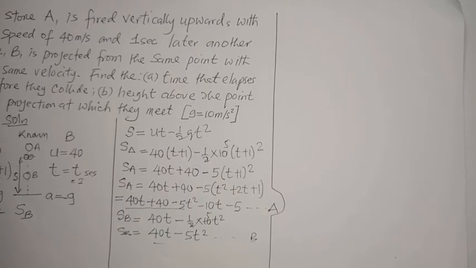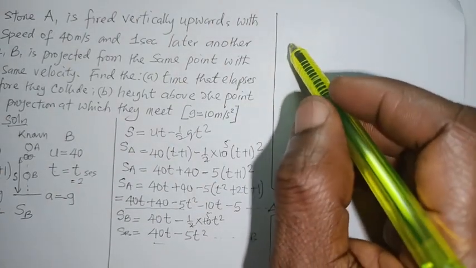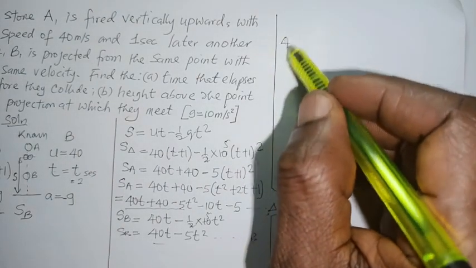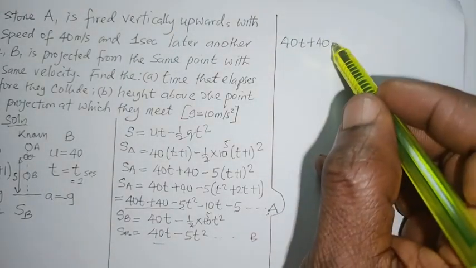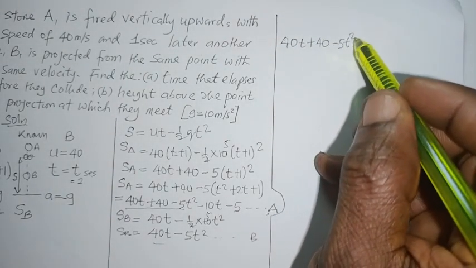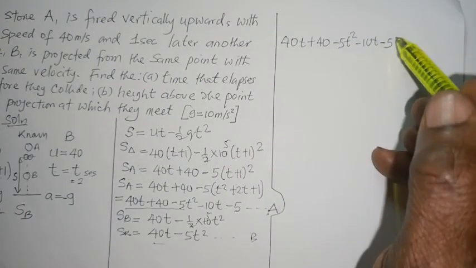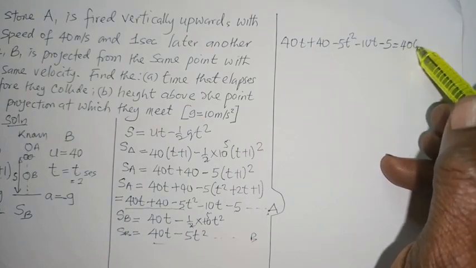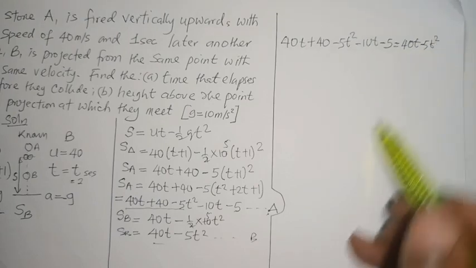That is the time during which they collide. So I'm going to come up here to continue solving. I have from equation A, 40t plus 40 minus 5t squared minus 10t minus 5 is equal to equation B, 40t minus 5t squared.